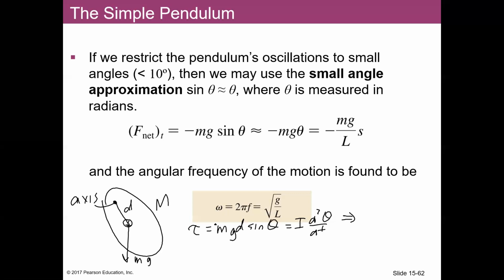Again, we need to include the minus sign in the torque because it's always towards the center. And we get that the angular frequency for a physical pendulum is equal to the square root of mgd, the mass of the object times free fall times d, the distance of the center of mass to the axis, divided by the moment of inertia.